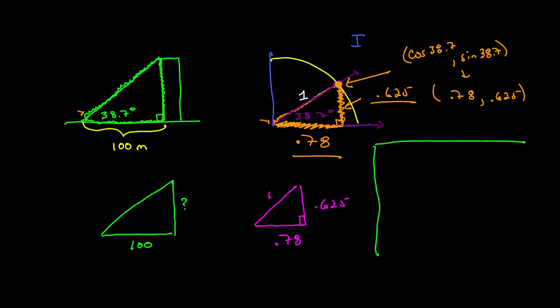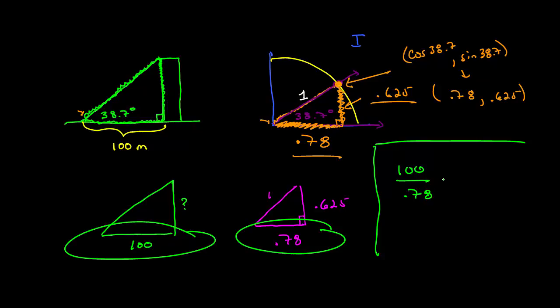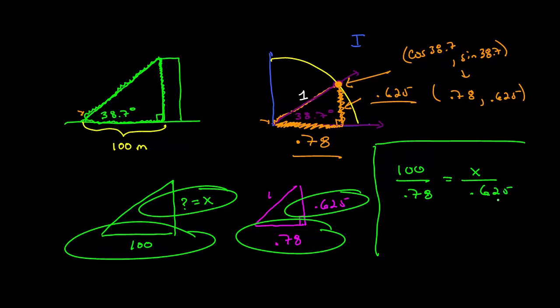So now I just have to set up my similar triangles with my ratios. Everything's fairly simple here. I'm going to go 100 divided by 0.78. I'm going to take this side and divide it by this, and that's going to be equal to the question mark, let's call it x, this side length over this side length, 0.625. Now all I've got to do is a little bit of cross multiplying.